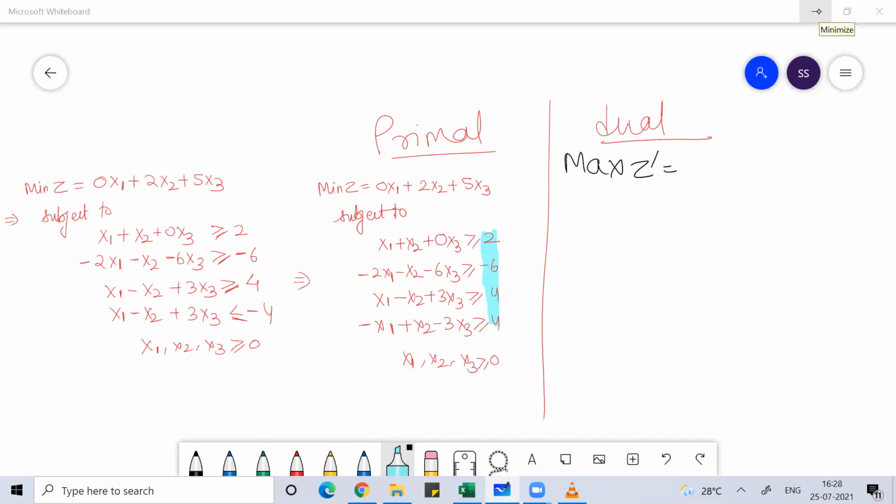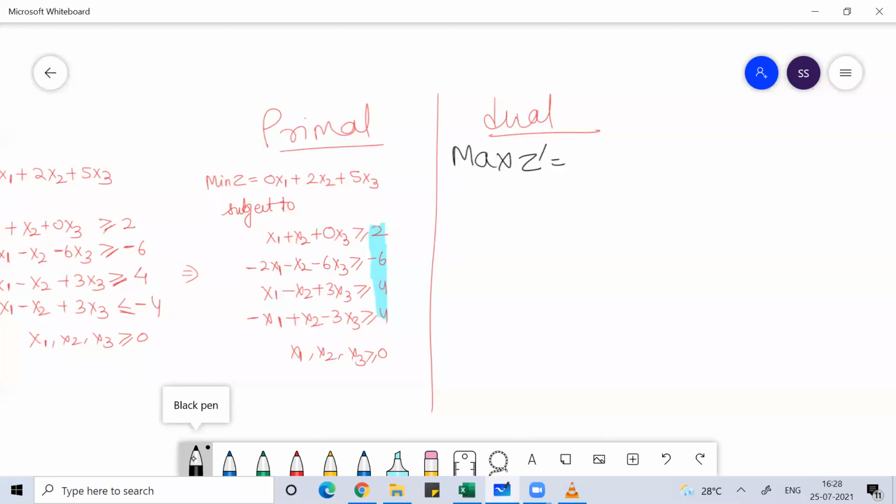The RHS of the constraints of the primal will become the coefficients of the objective function of the dual. So then this is equal to 2w1 minus 6w2 plus 4w3 plus 4w4.